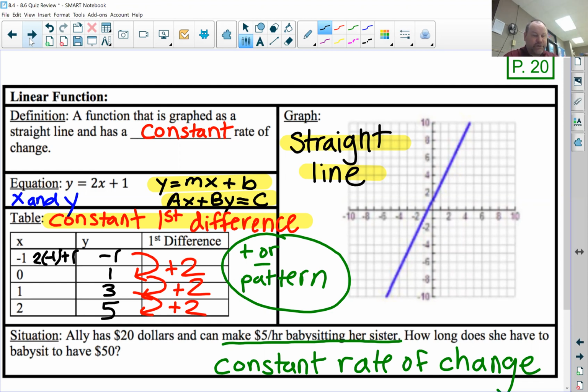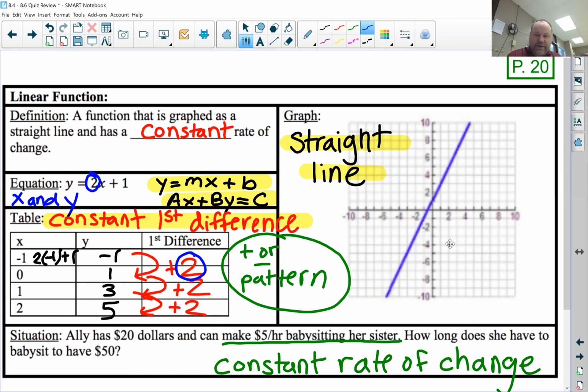Your data is linear. That difference could be positive or negative, so just be aware of that. And one of the interesting things is, notice the +2 here and the +2 there. That first difference is your slope.